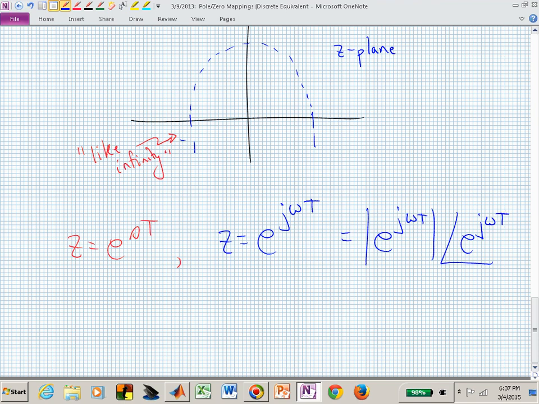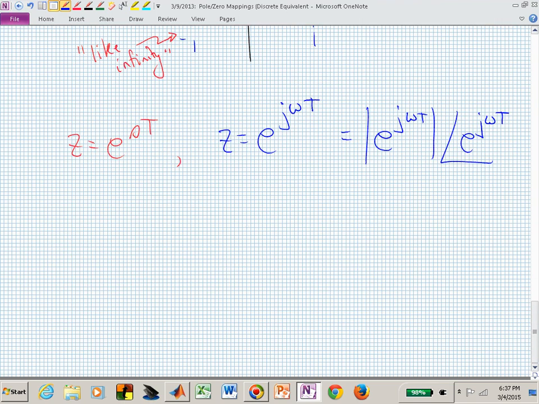It's the magnitude of e to the j omega T and the angle of e to the j omega T, and those two are pretty clean to find. If you found the magnitude of e to the j omega T, if you used Euler, you would say, oh, that's cosine omega T plus j sine omega T. What's the magnitude of that? Cosine squared plus sine squared.